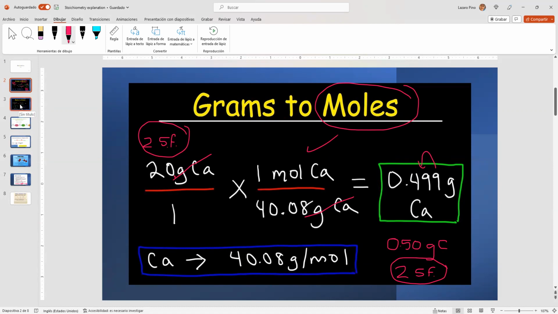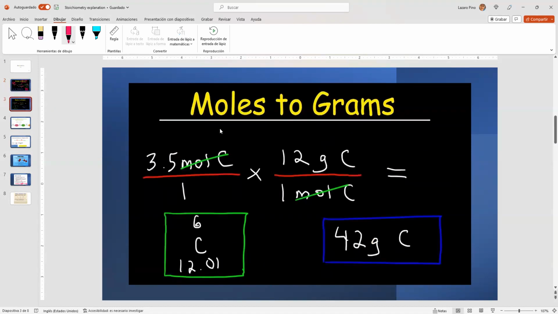Let's go now to the following exercise. In this case, it's the opposite. So going from moles to grams. The number that is given is in moles. So you say, well, 3.5 moles of carbon, and you know that 1 mole of carbon is 12.01, according with the periodic table.